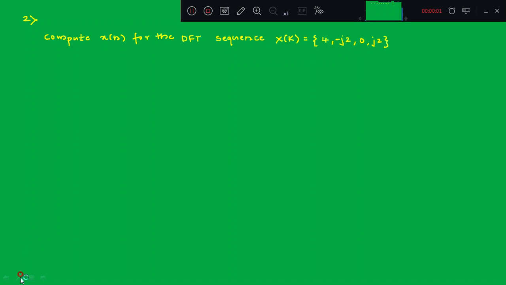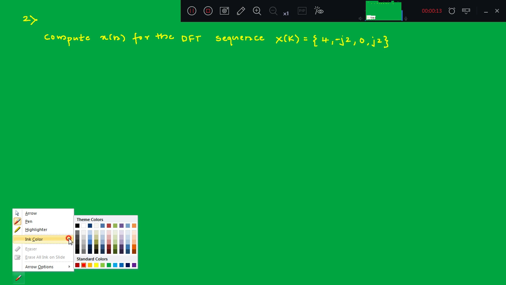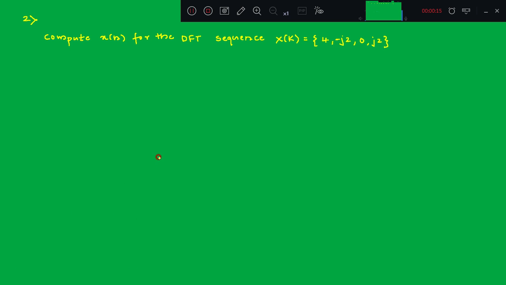So here we have the second example, that is compute x of n for the DFT sequence x of k is equal to 4 minus 2j, 0, j2.